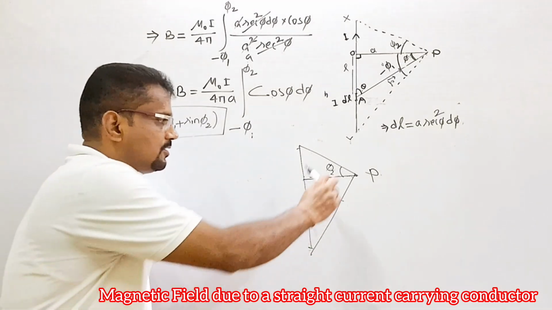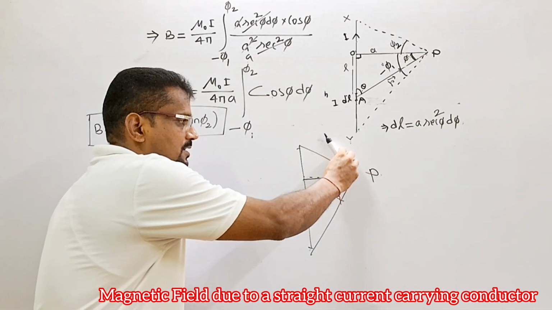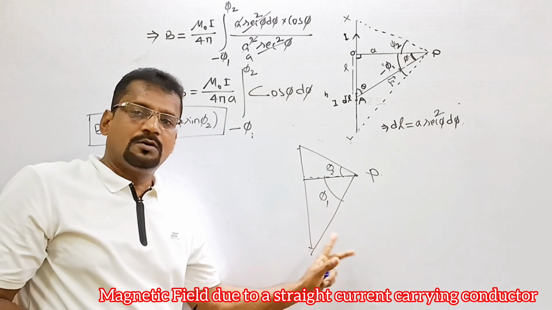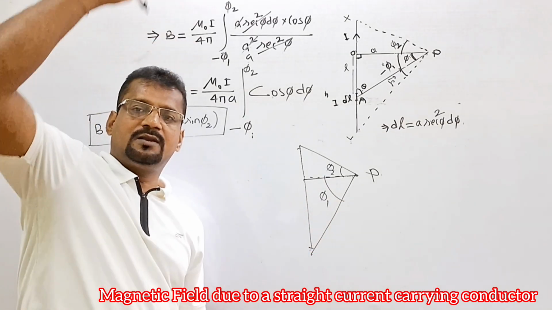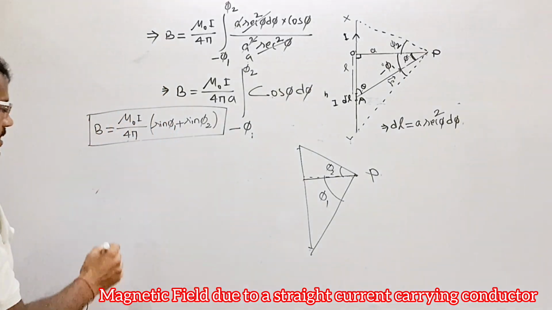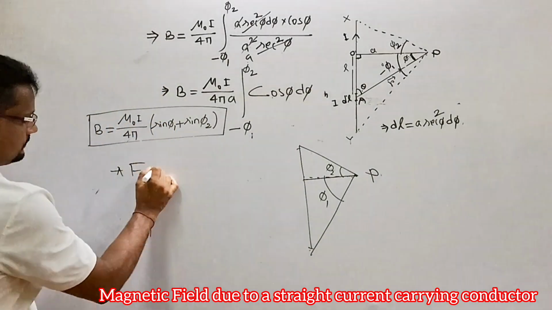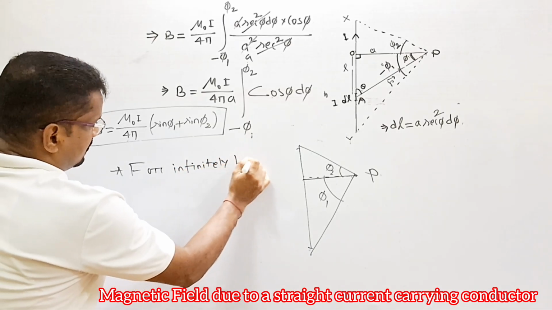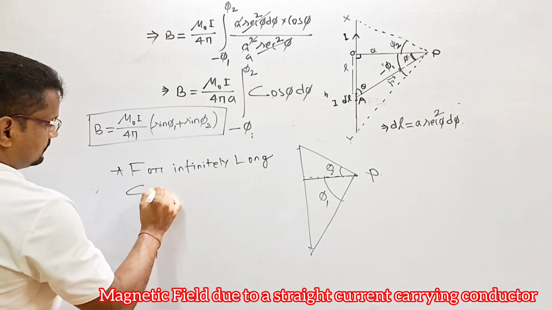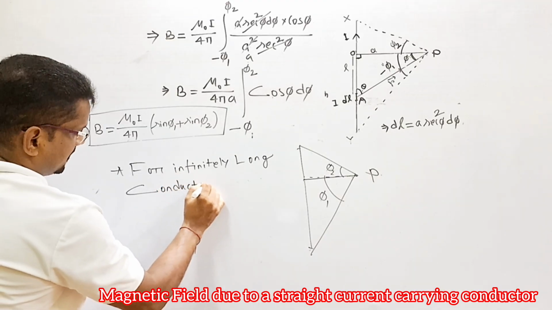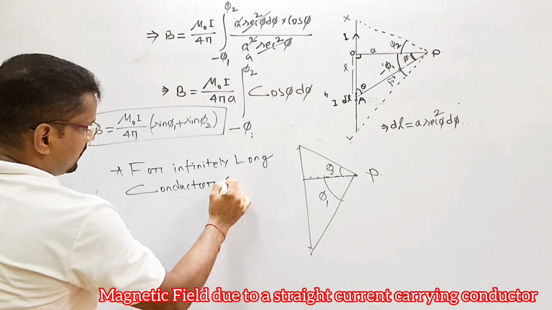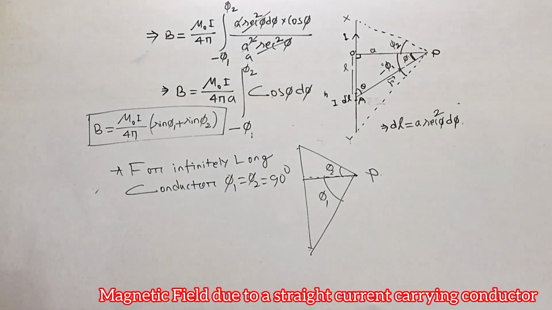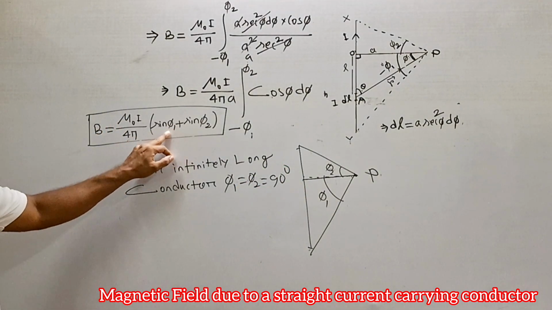If it is infinitely long, then phi 2 increases and will be almost 90 degrees, and phi 1 is also almost 90 degrees. These are the special cases actually. For an infinitely long conductor, phi 1 equals phi 2, both 90 degrees. So sin 90, sin 90, 1 plus 1, 2.